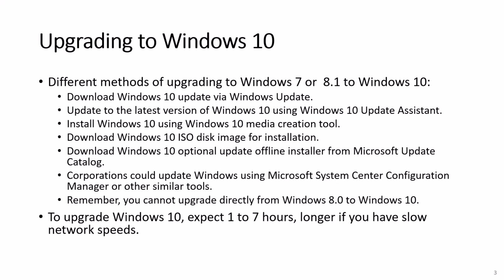Lastly, you can download the Windows 10 Optional Update Offline Installer from Microsoft's Update Catalog. Corporations can also update Windows using Microsoft System Center Configuration Manager or other similar tools. Remember, you cannot upgrade directly from Windows 8.0 to Windows 10. To upgrade to Windows 10, expect 1 to 7 hours, longer if you have a slow network speed.